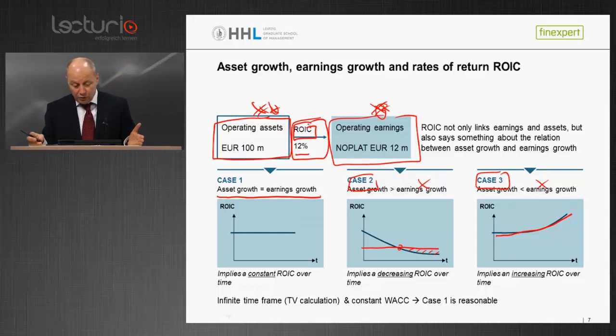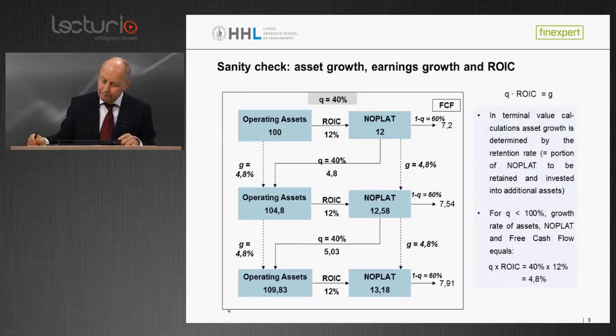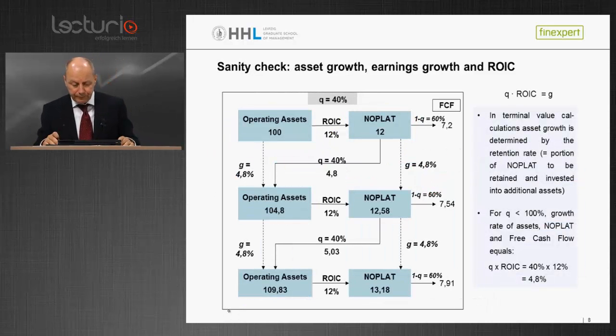Yeah? And so with this reasonable assumption, I will try to show you now the link between retention, rate of return, and growth. So here we have an example of how to derive our Gordon-Shapiro model and our Gordon-Shapiro equation using this assumption that assets and earnings shall grow at the same rate.